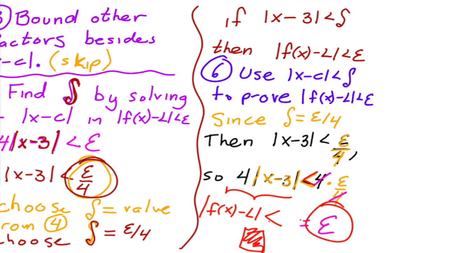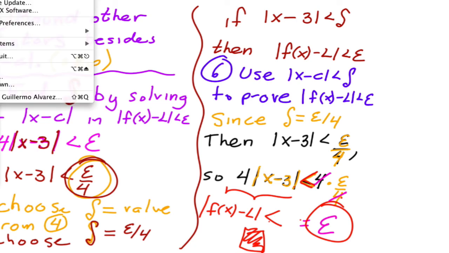Then you use |x − c| less than that value of delta to prove it. So |x − c| is less than epsilon over 4, which means that |f(x) − L|, which is 4 times |x − 3|, is less than 4 times epsilon over 4. Simple substitution here with the less than. And this is equal to epsilon, which means that |f(x) − L| is less than epsilon. So it has to follow logically from the beginning to the end.